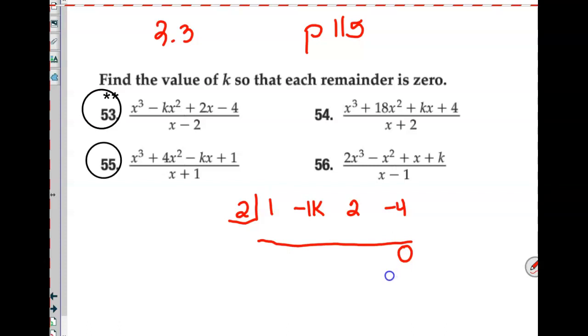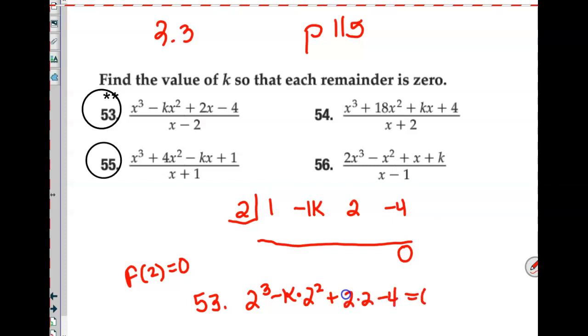Can I give you a better way? Does anybody remember the other way you can test if this is a 0? Plug a 2 into it, and it should come out what? 0. So, if I plug a 2 into it, f of 2 is supposed to come out 0. So, for number 53, I could just say 2 cubed minus k times 2 squared plus 2 times 2 minus 4 is supposed to equal 0.